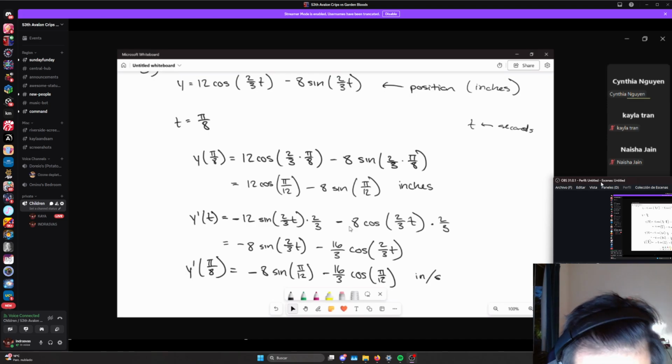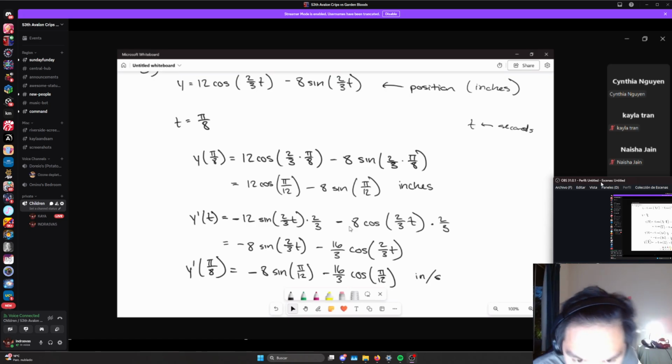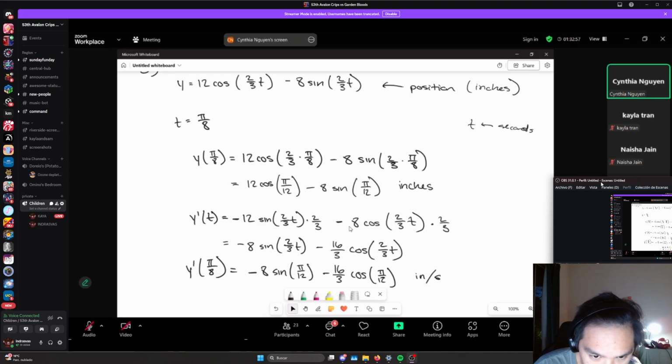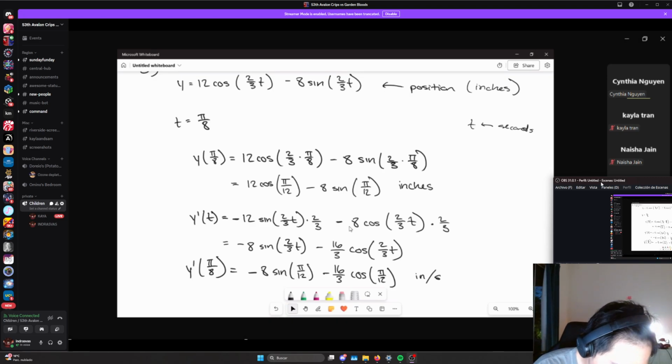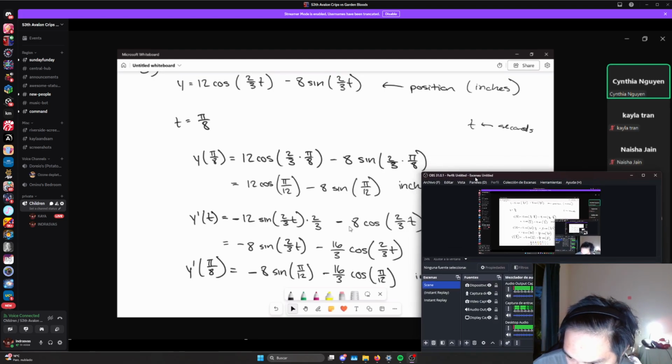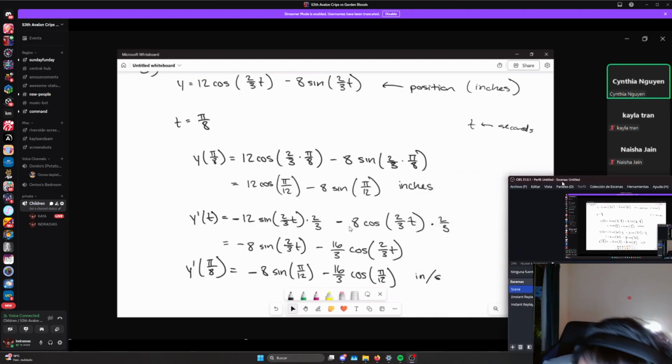Why do you multiply by 2/3 for y prime of t? That is because of chain rule. Remember how you had your outside function and your inside function? Your outside function is cosine, your inside function is 2/3 t. So the derivative of cosine is negative sine, and you keep the inside the same, so that's why you wrote negative sine 2/3 t.